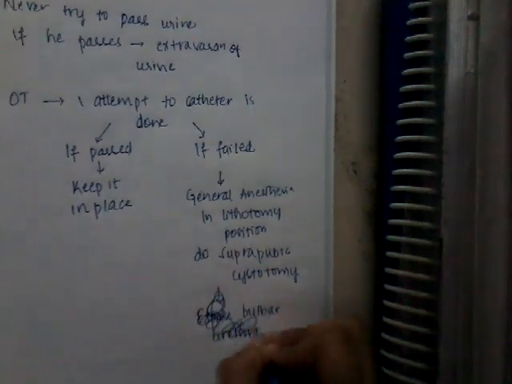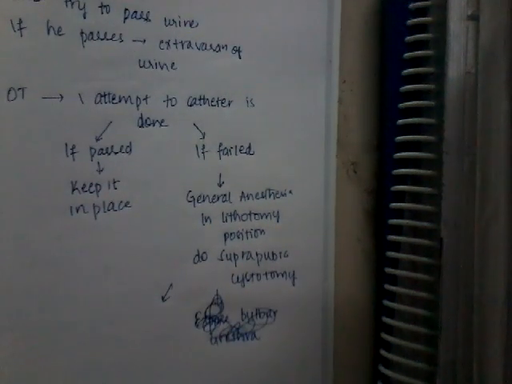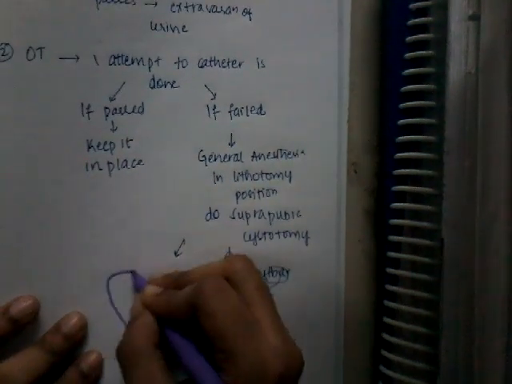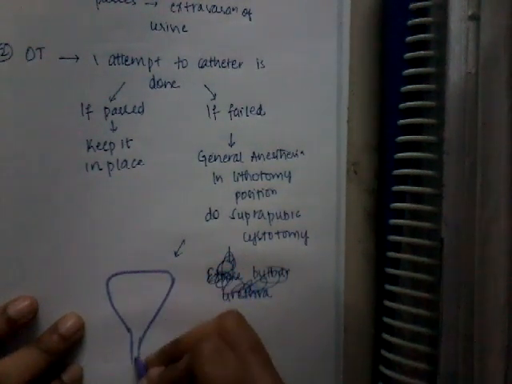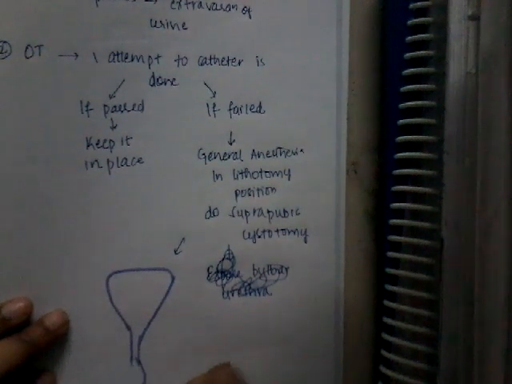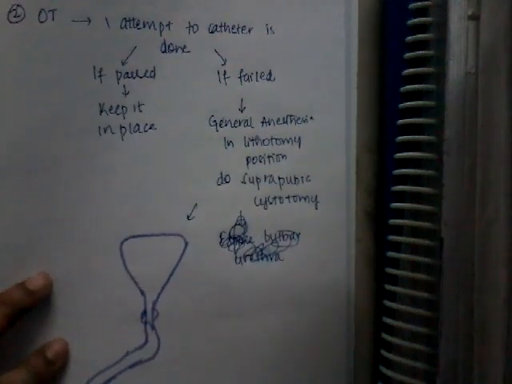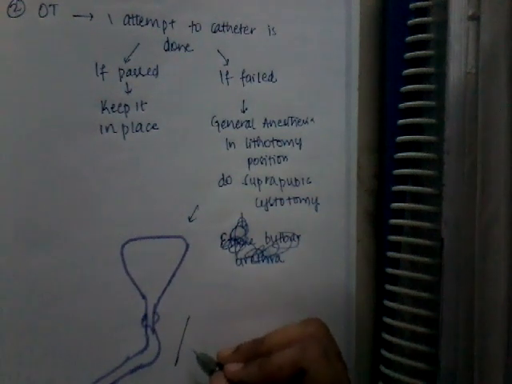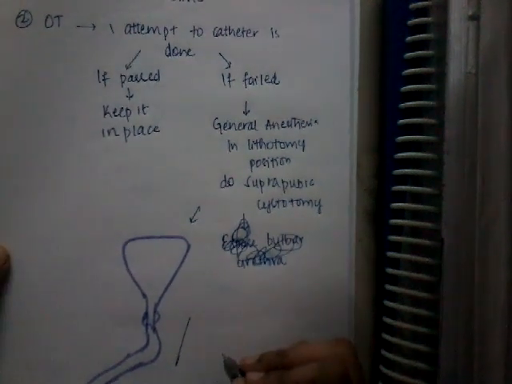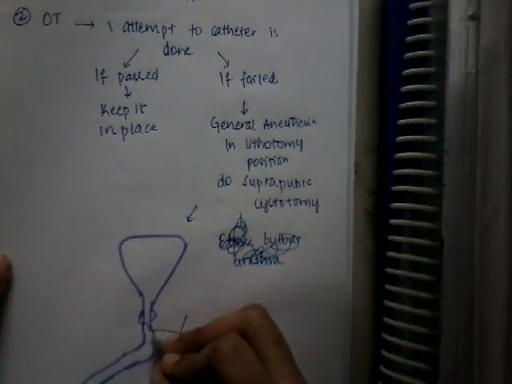This is first which you do, and then what do we do? I'll draw a diagram. That would be better instead of writing all these. Okay, and then through perineal incision, perineal midline incision, you will approach it and you will suture the tear.